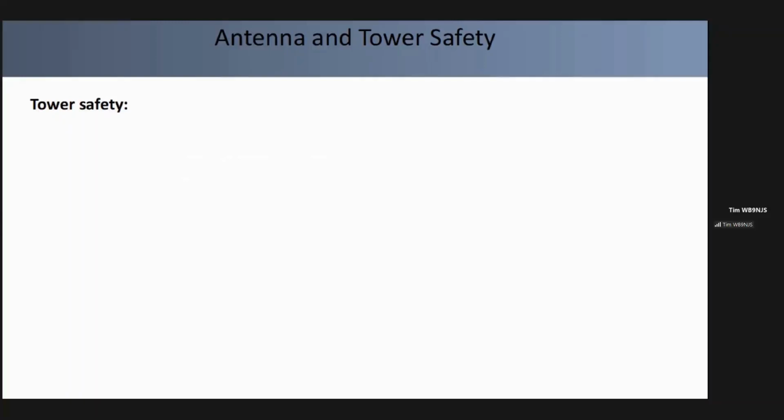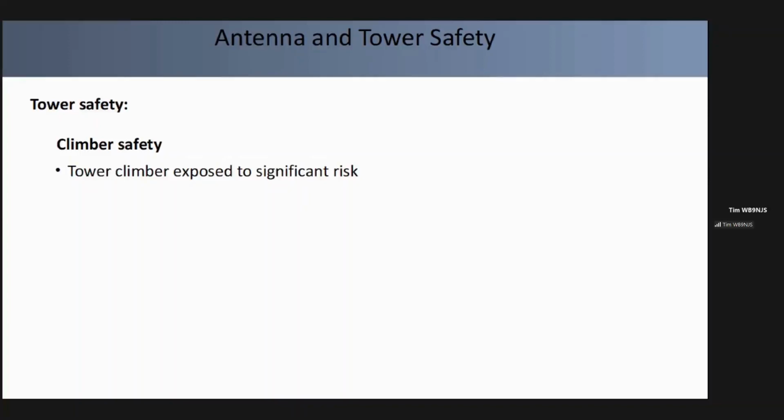let's talk tower safety. Amateur antennas and towers bring another set of risks. Many hams utilize towers to improve the location and performance of their antenna system, and towers come with some serious risk. The tower climber is exposed to significant risk.